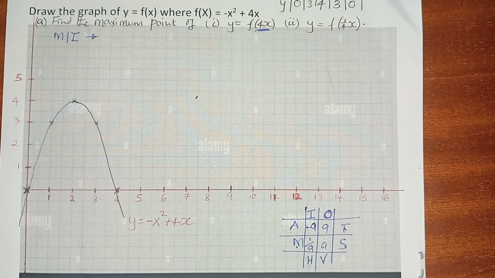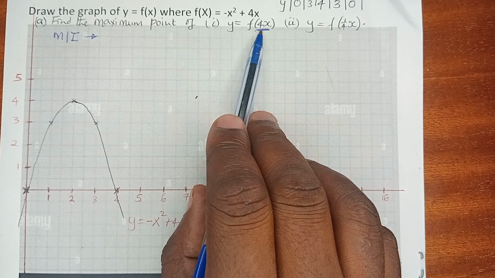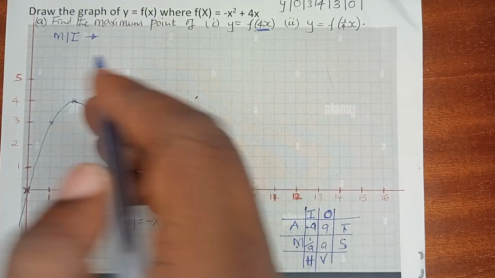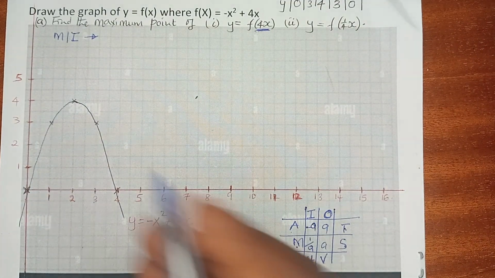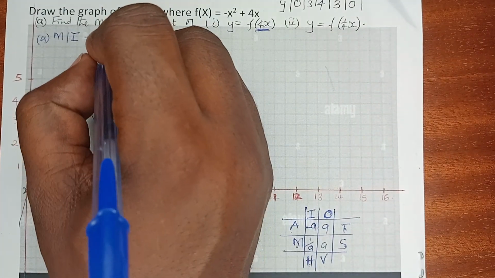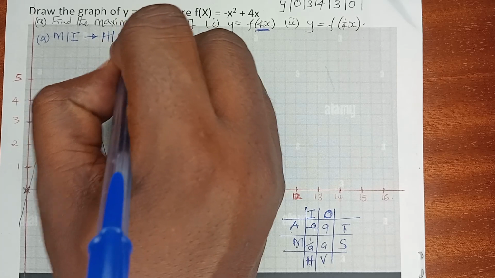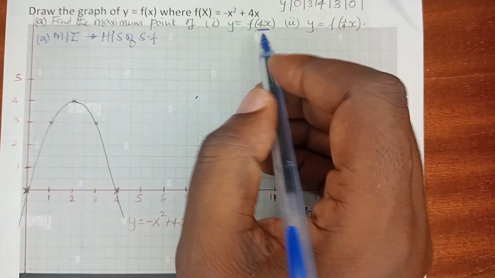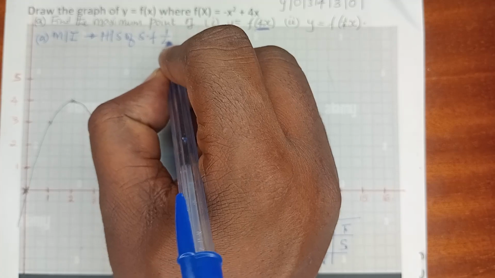According to our Mayo, multiplication inside makes our curves undergo a horizontal stretch of scale factor 1 over a. In this case, a is 4, so it is a horizontal stretch of scale factor 1 over 4.